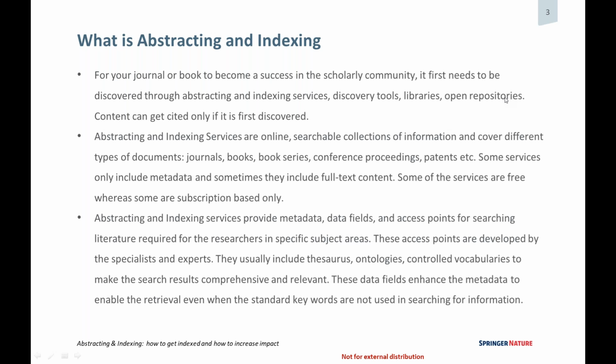So in order to make these ANI services very powerful, as I said, they are either based on specific subject areas, for example, PubMed or Astrophysics Data System, or they are multidisciplinary like Web of Science and Scopus. And in order to make it relevant and precise, a lot of behind the scenes work goes into developing and curating them.